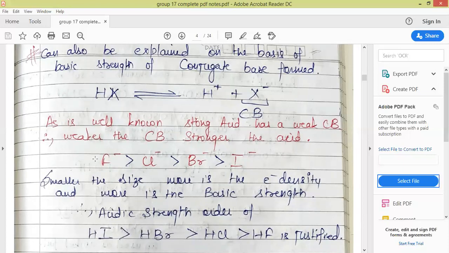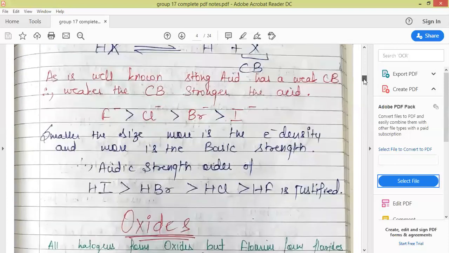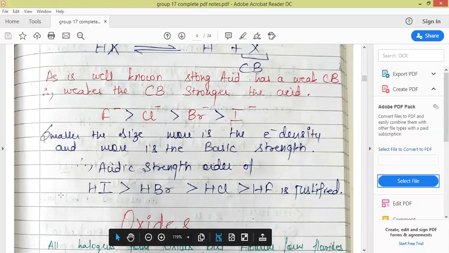That means the conjugate base of HF is stronger in comparison to the conjugate base of HI. So HI has more acidic strength in comparison to HF. So this explanation by the strength of the conjugate base also explains the observed order of acidic strength of the hydroacids of halogens.